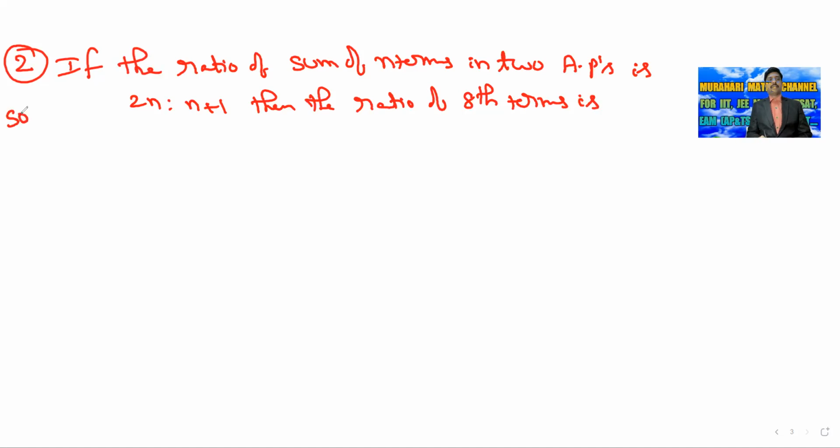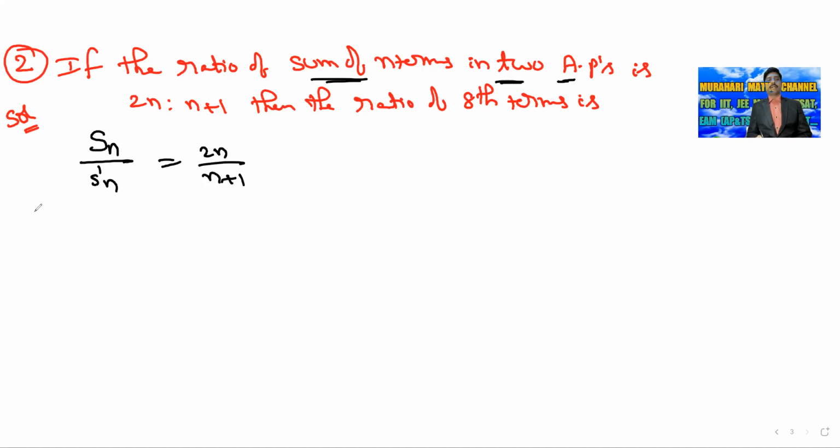This model is most important. The ratio of the sum of n terms of two APs: Sn by S'n is equal to 2n by n plus 1, given.